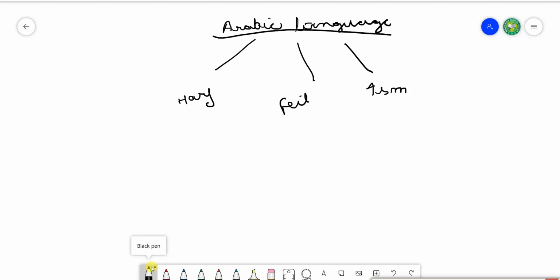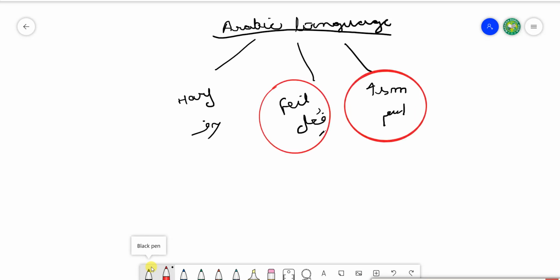Let me write this in Arabic also. So ism is written like this, and fail like this, and harf like this. So the whole Arabic language is made up of these three things, that is ism, fail and harf.